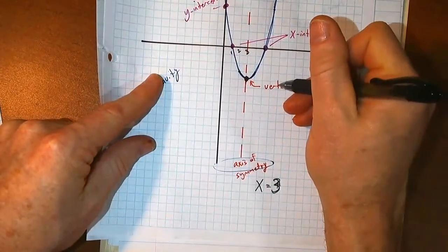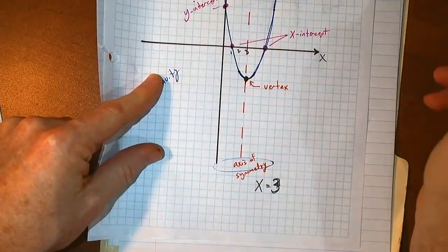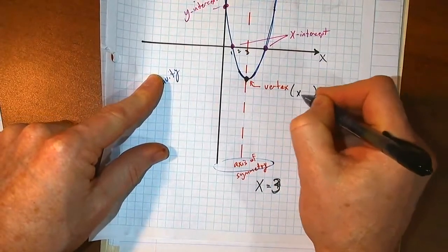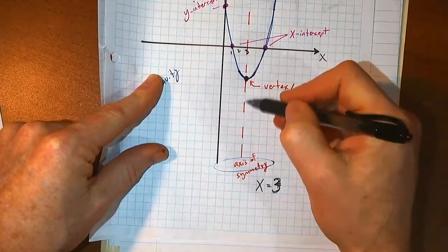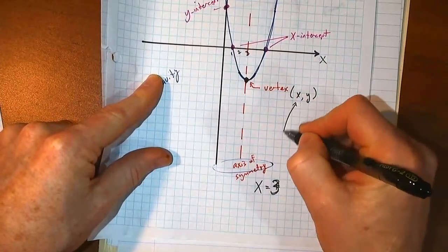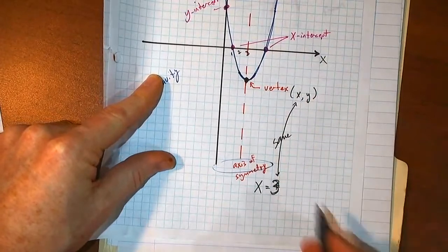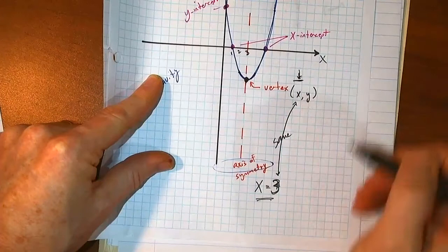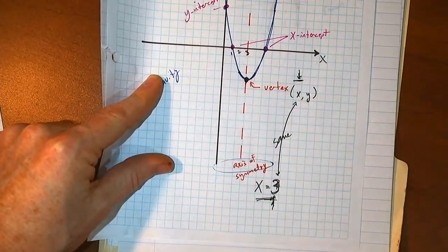Now, the vertex is a point, and we always describe points using an ordered pair. So we need an x number and a y number. Because the line of symmetry goes through the vertex, the x numbers are going to be the same. So if you can find the x number, it doesn't matter if you think of it as the x number in the vertex or the x number in the line of symmetry, it's the same either way.